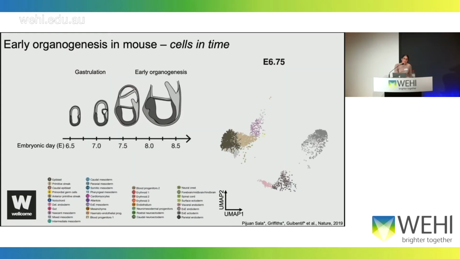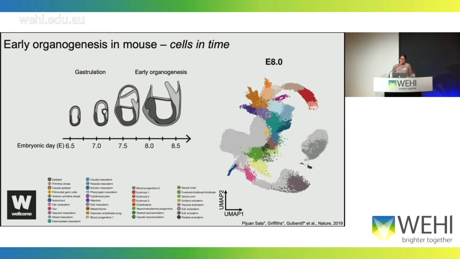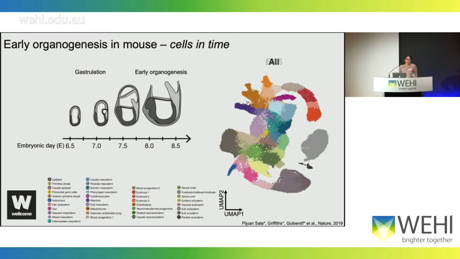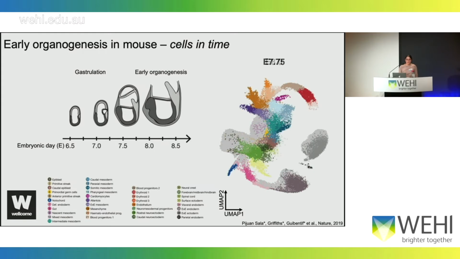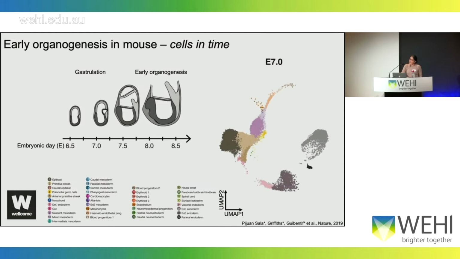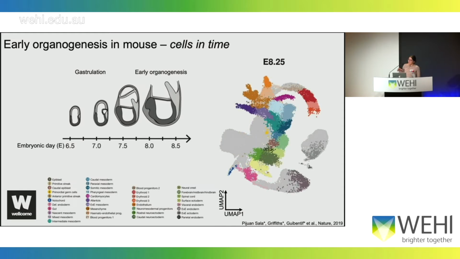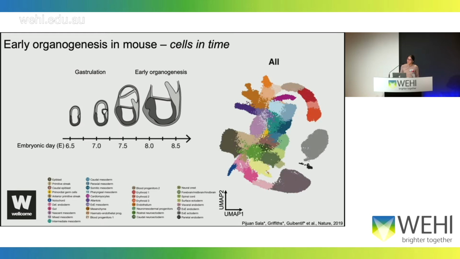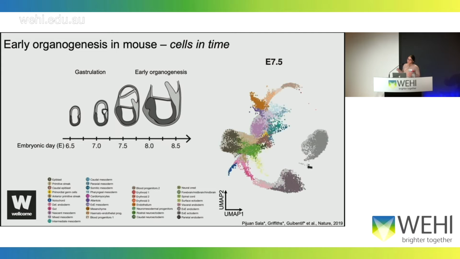For some biological motivation, one of the key interests in the John Marioni lab is the study of early embryonic development in the mouse. Previously, the lab has generated massive transcriptomic time course atlases using single-cell RNA sequencing. We can see that as embryonic days progress, from the stages of gastrulation into early organogenesis, there's a huge diversification of the cell types that emerge over time.